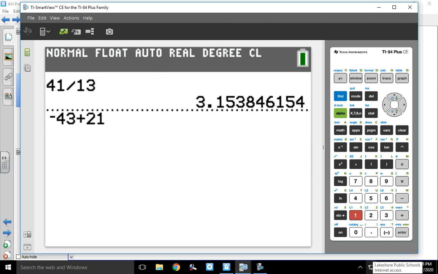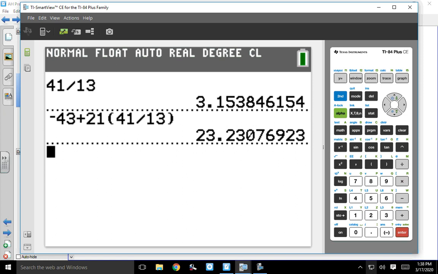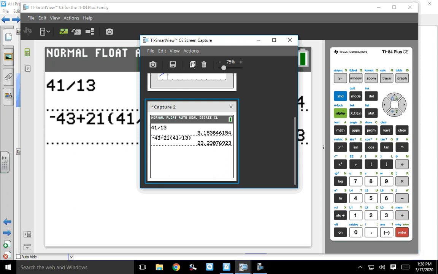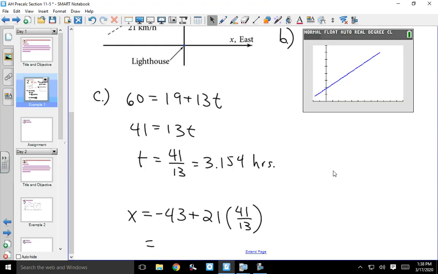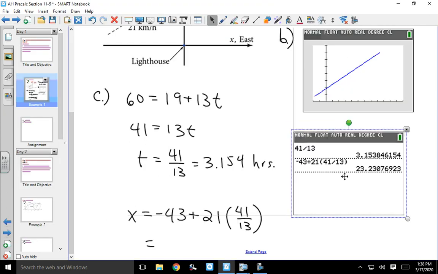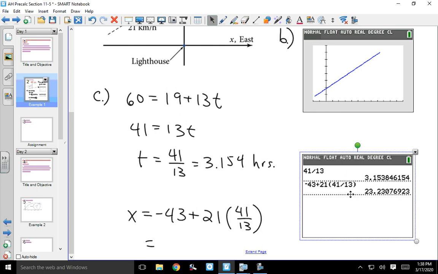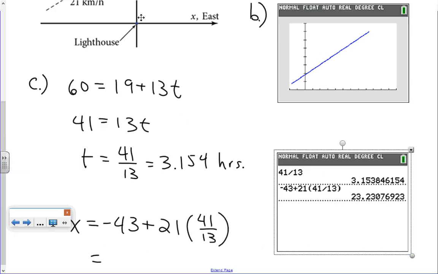And I can use the previous calculation if you want to, or I wrote it down as 41 over 13, so I'll just type it in that way. And what do we end up with? 23.231. In fact, let me just go ahead and grab a screen of that. Since it's got both these calculations, we'll just paste it in here. I'll show both of those calculations, and we can jot that down as well.